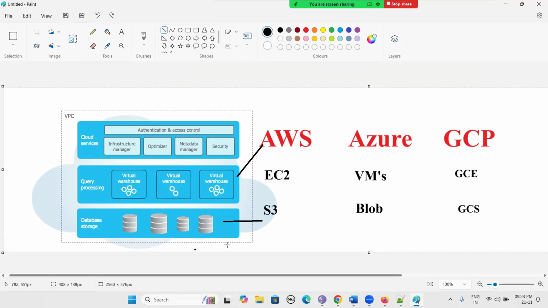Okay. Next important point: why do we go for query processing? What is the meaning of virtual warehouse? Let's say I have different types of data: smaller data, some bigger data, and large data, huge volumes of data.